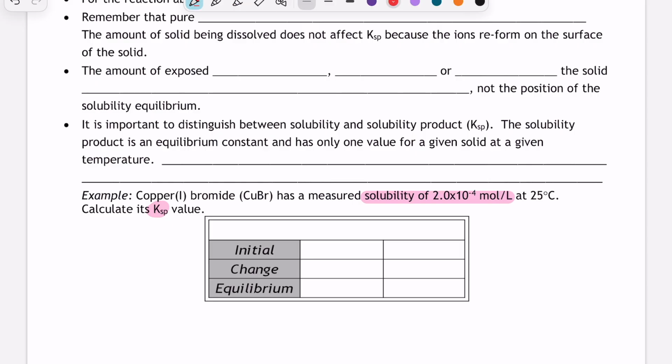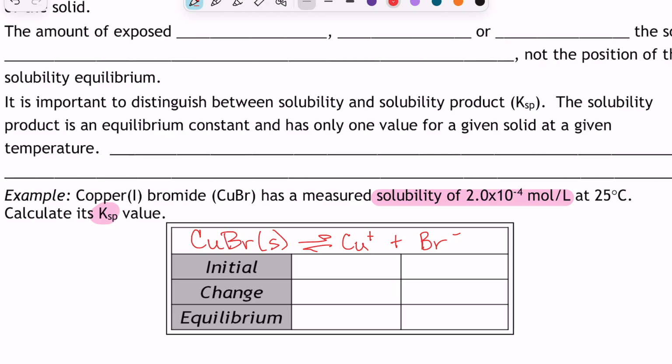First thing I'm going to do is make my ICE chart. These are really good ICE chart problems. Here's our chemical reaction: copper(I) bromide forms Cu+ plus Br-.